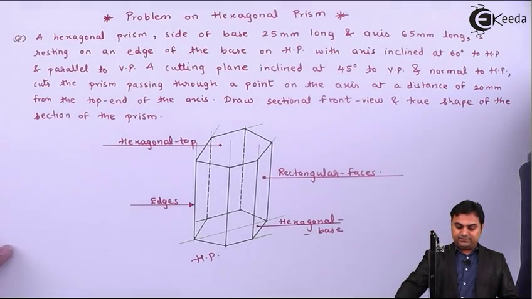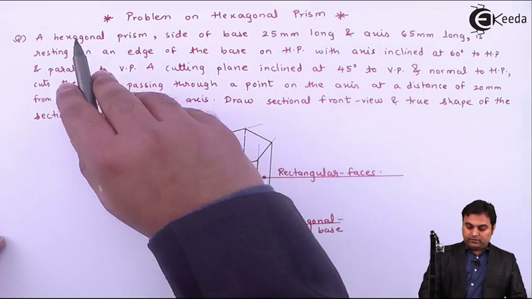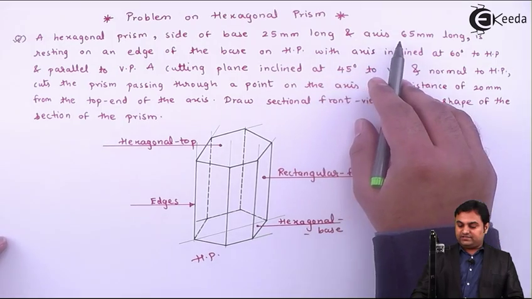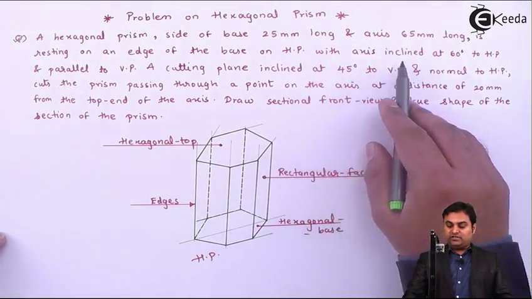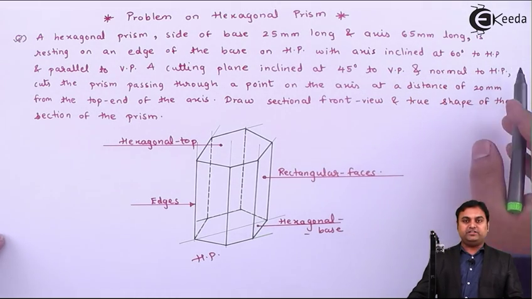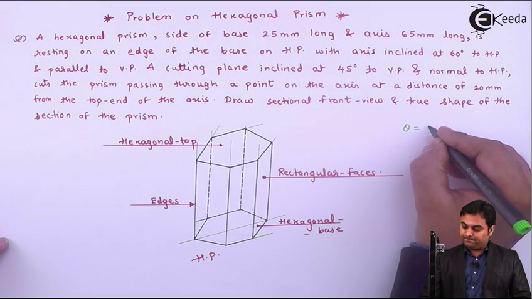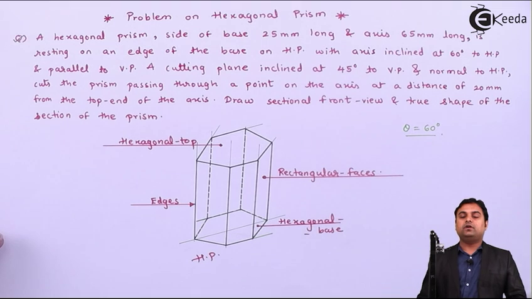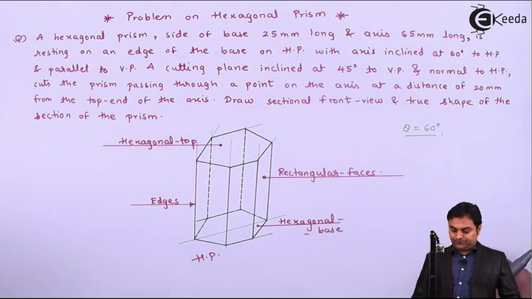Next, the condition is a hexagonal prism, side of base 25 mm long and axis 65 mm long, is resting on an edge of base on HP with axis inclined at 60 degree to HP. Now inclination with HP, that is theta, is given. So this is the inclination of the axis. With HP means it will be visible in VP.